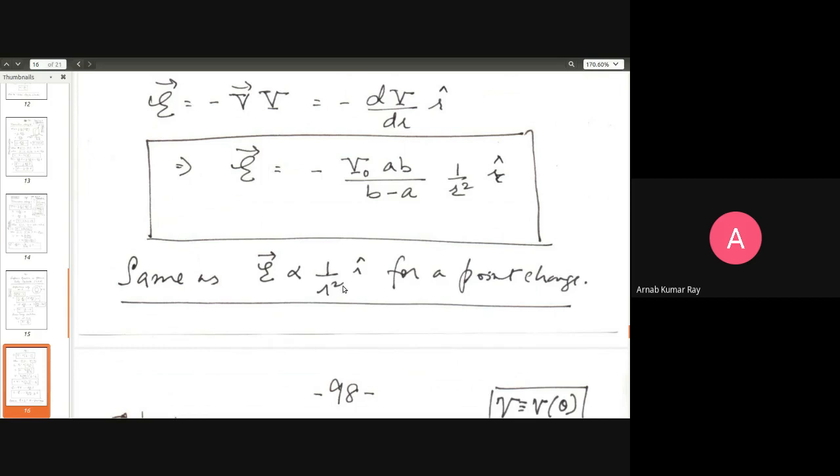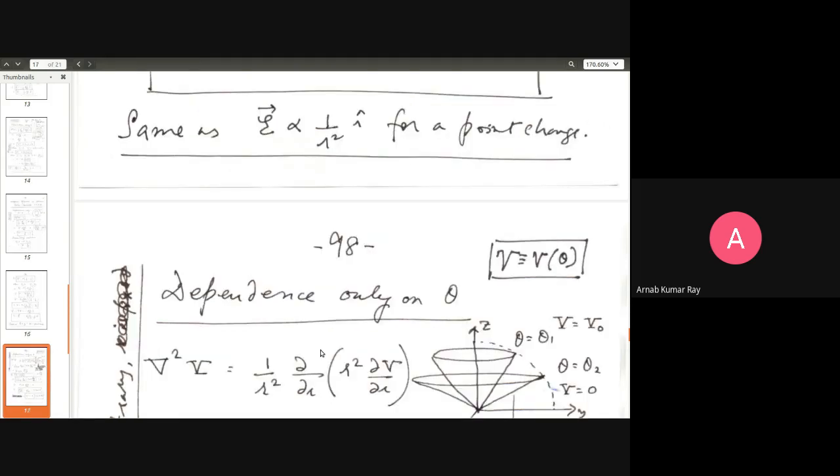If you take a static distribution of charges, then the electric field will always go off as 1 upon r squared, as you would have realized by your study of Gauss's law of electrostatics, particularly in the integral form.